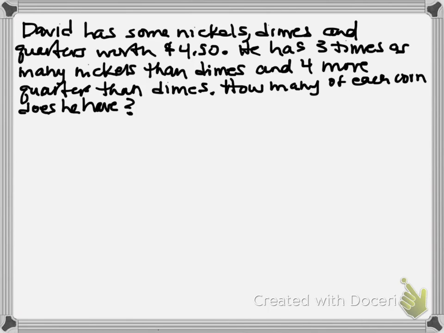Okay, so let's do a chart. So we have nickels, dimes, and by the way, one of my big pet peeves is spelling nickels wrong. You can't spell nickels like you would pickles. Okay, I know they rhyme, but they're not spelled the same way. Pickles is L-E, nickels is E-L. Okay, just saying.